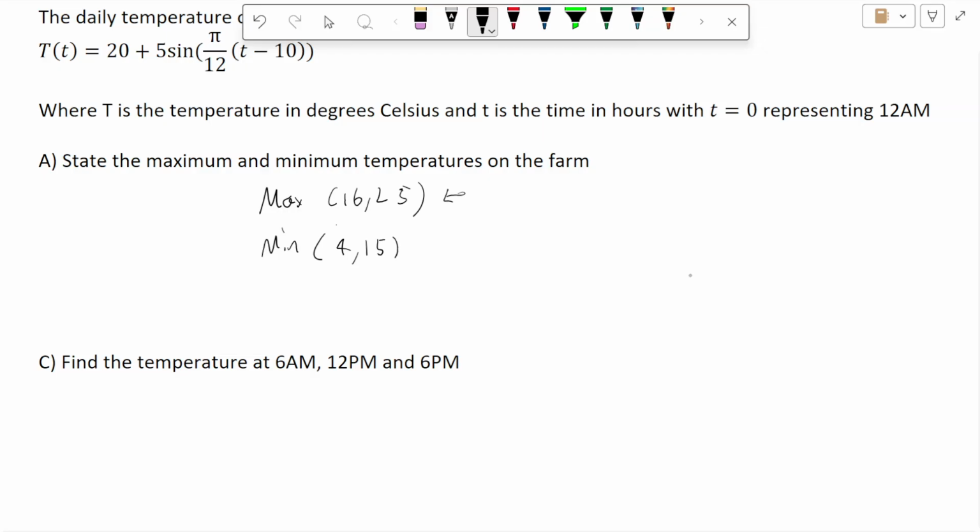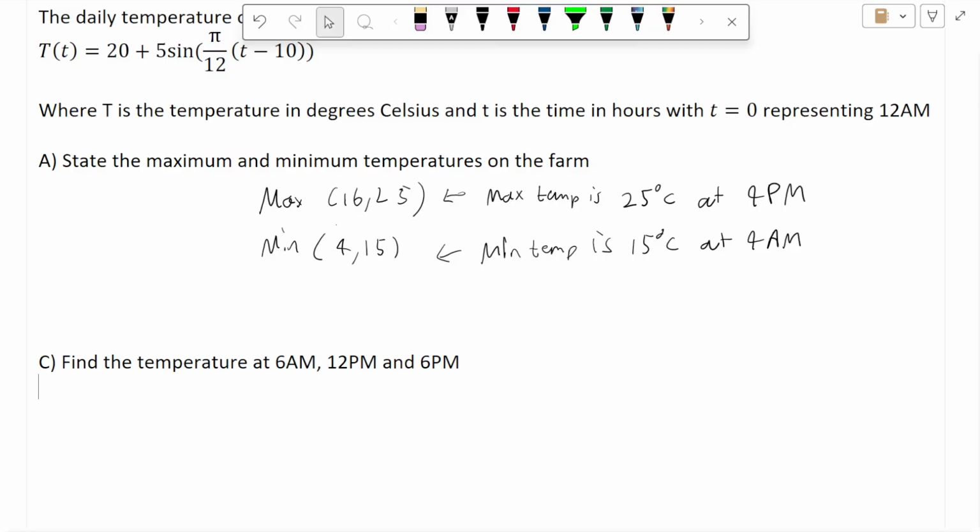So here, max temp is 25 degrees Celsius at, now that 16 would be 4 p.m. because 0 is 12 a.m. Min temp is 15 degrees Celsius at 4 a.m., just like that.